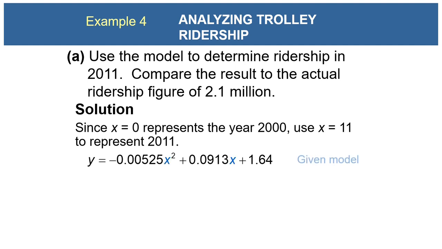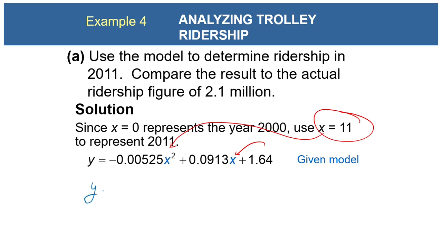And recall our equation, y equals negative 0.00525x squared plus 0.0913x plus 1.64. We're going to replace the x with 11 into our equation at two different locations.